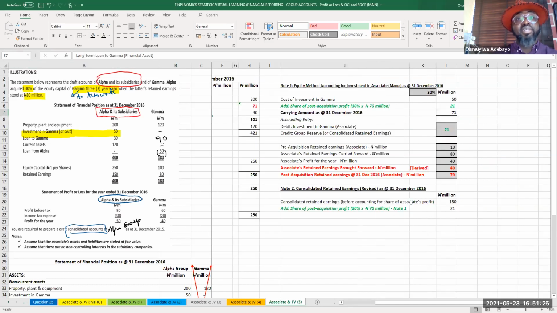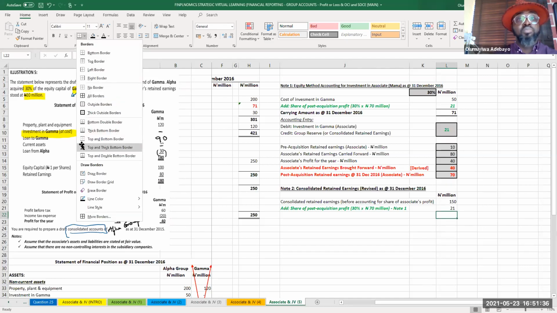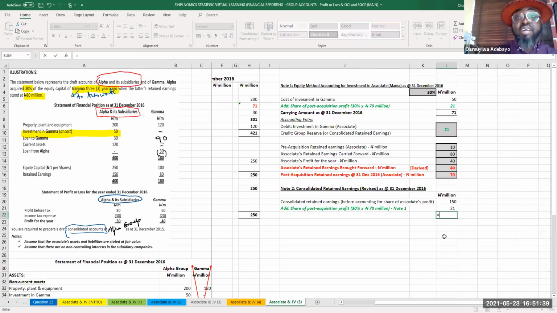And the corresponding credit is to retained what? Earnings, which is what we've done here. Now, net, what is our revised consolidated retained earnings? That's 171.